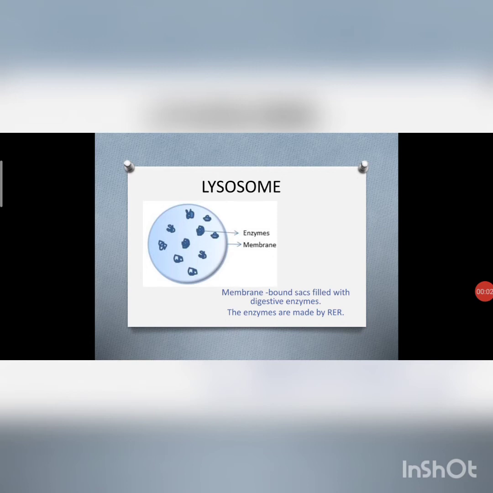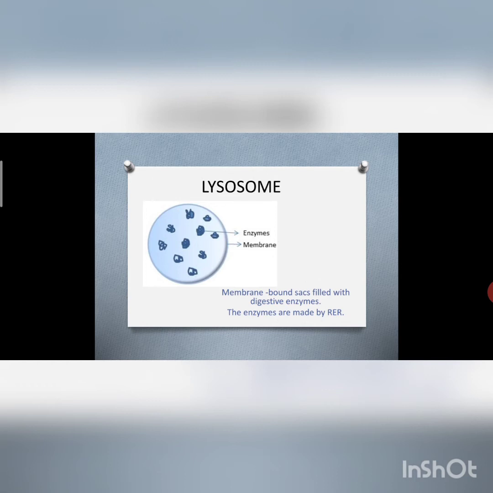Lysosomes. As I already told you, the Golgi apparatus is involved in the formation of the lysosome. As you know, the Golgi apparatus will pack and transport the materials that are prepared by the endoplasmic reticulum. And some of the proteins that are synthesized by the endoplasmic reticulum are digestive enzymes.